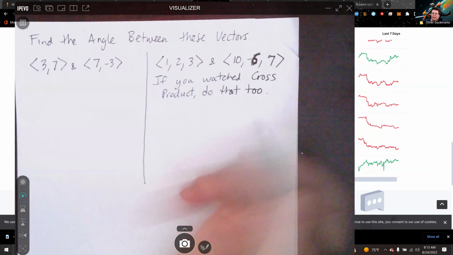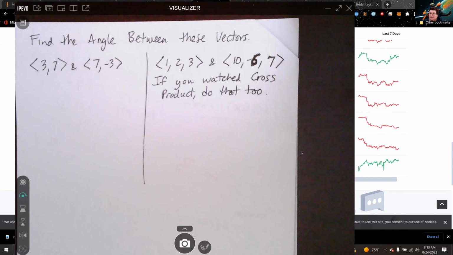How do we find dot product first, or how do we find the angle? Does anybody know the equation for finding the angle?